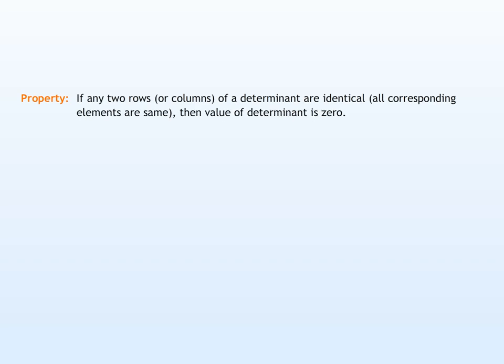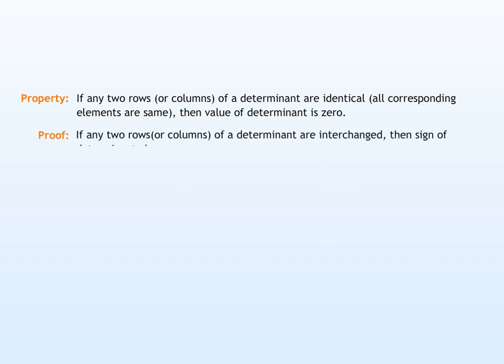Next property is, if any two rows or columns of a determinant are identical, that is, all the corresponding elements are the same, then the value of the determinant is 0. Let's prove this property. From the previous property, we have seen that the value of the determinant becomes its negative when any of its rows or columns are interchanged.